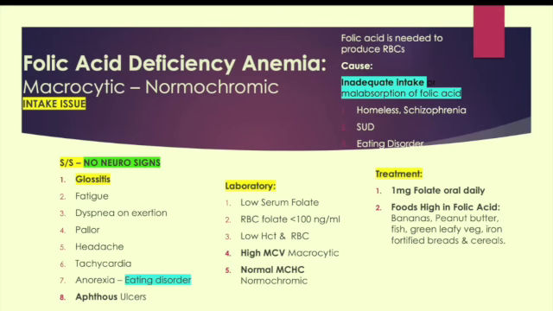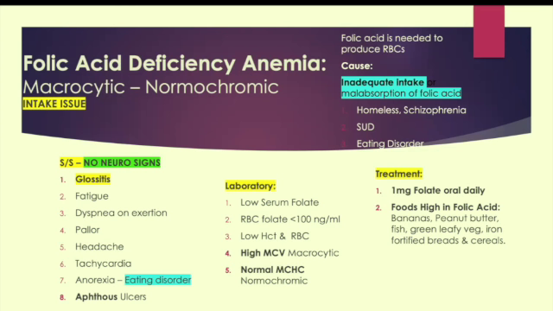The signs and symptoms about this one, I just want to point out there's no neuro signs and symptoms when it's just a folic acid deficiency anemia, but you will see glossitis, which is a huge, like that red beefy tongue, a big indicator of this diagnosis, and other things like fatigue, dyspnea on exertion, pallor, headache, tachycardia, anorexia, which may be related to an eating disorder.